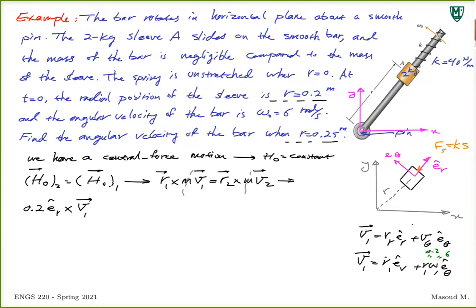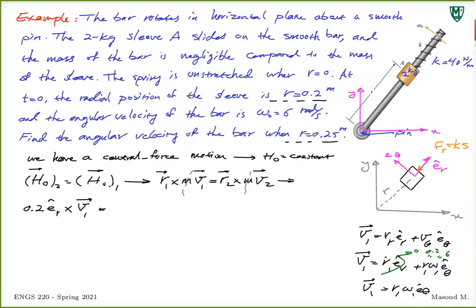There is no R dot, right? We are looking at the specific position, nothing is moving in the R direction. All right, we can just get rid of this, it's 0. So V1 becomes R1 omega 1 E theta. I'll plug it back here.